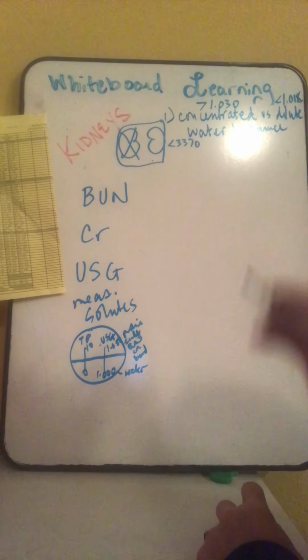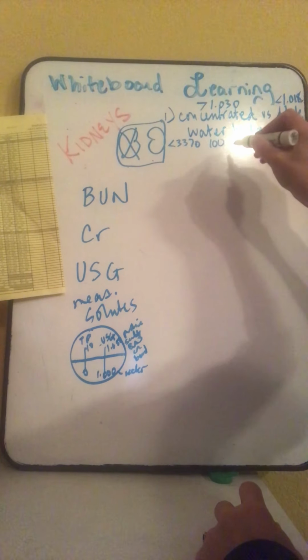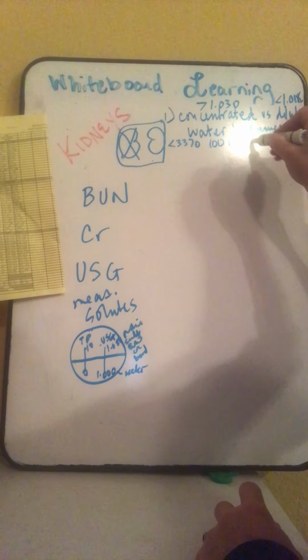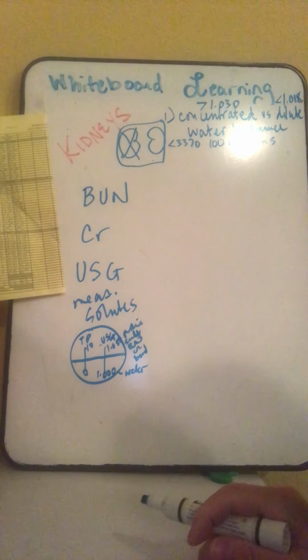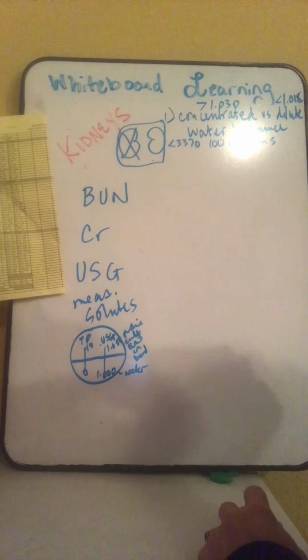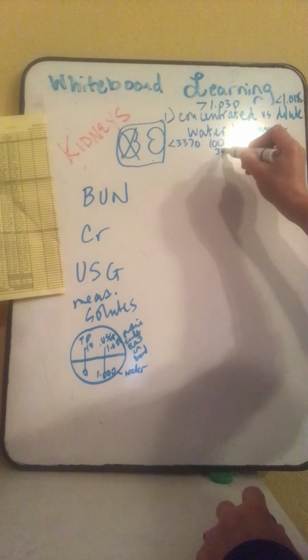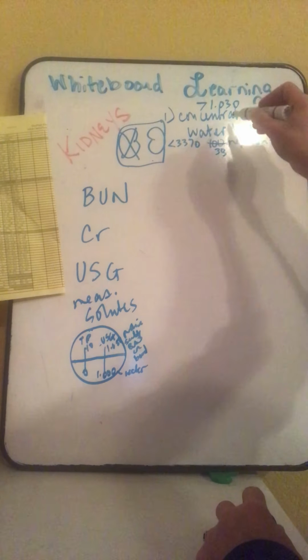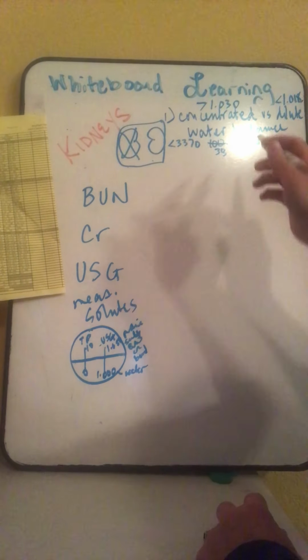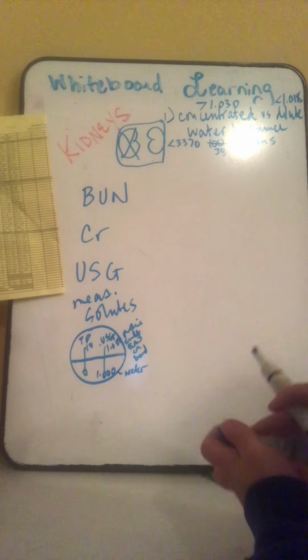Let's say you started with 100 nephrons, that's not how many you have, but think of it like brain cells. You start with a certain amount of brain cells, and as you age, you are losing them all the time. When you get down to 33 working, that's when you start to not be able to concentrate your urine because you don't have enough functioning units anymore.